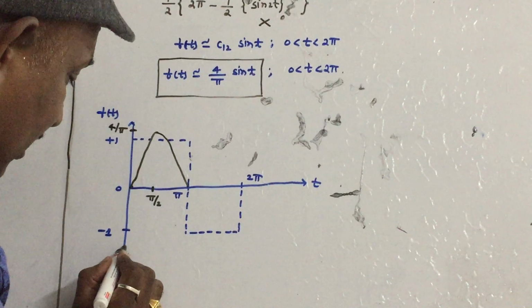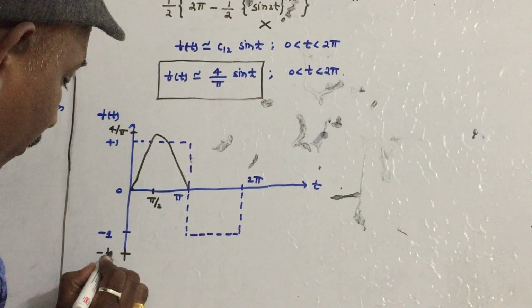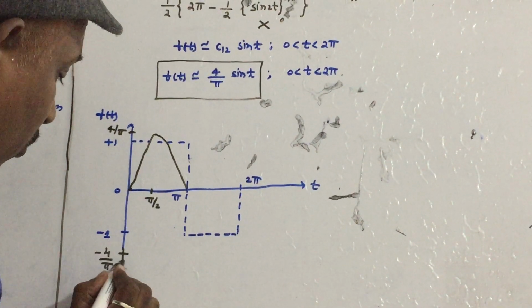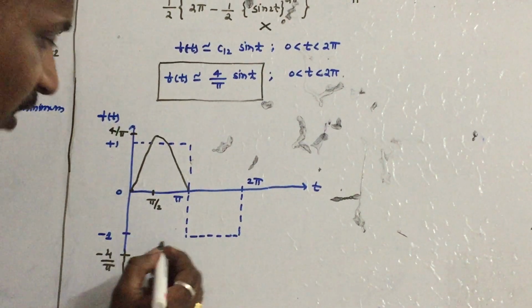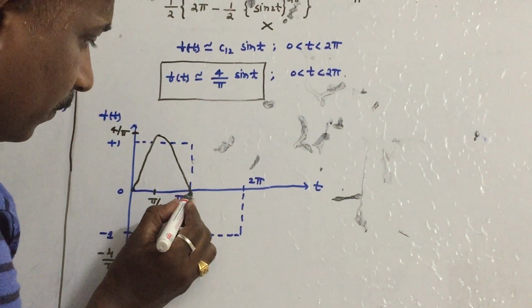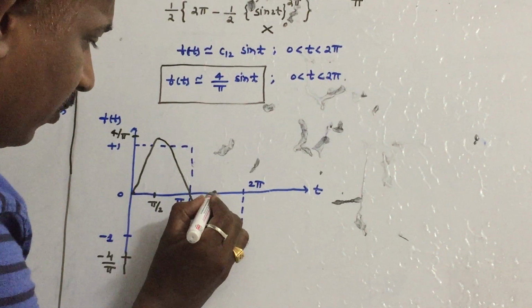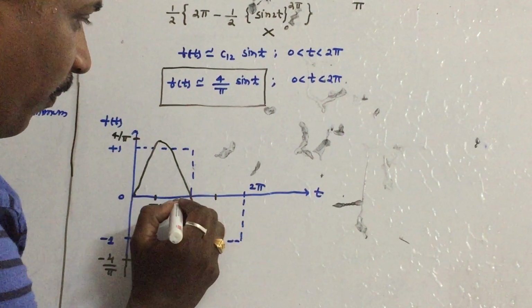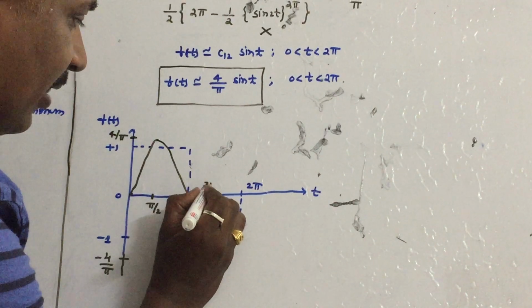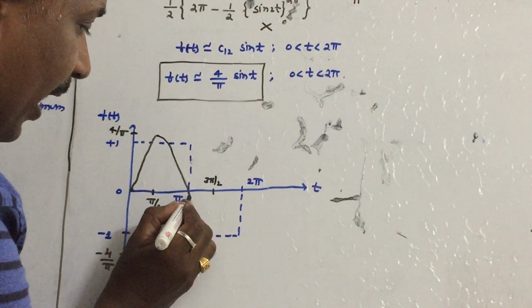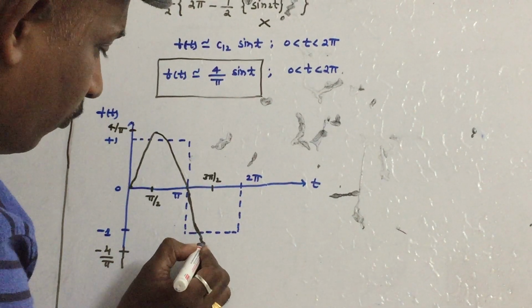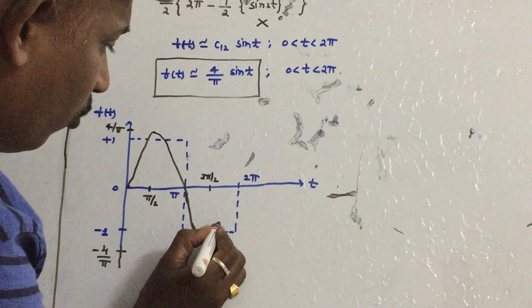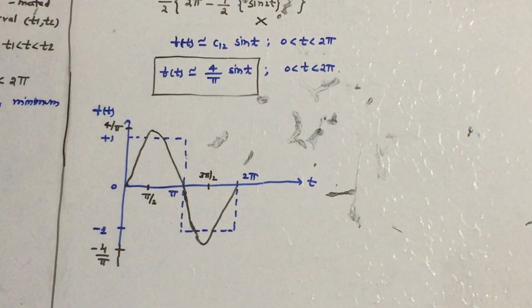Now let us take minus 4 by pi here. Minus 4 by 3.14 is less than minus 1. So at 3 pi by 2, sin 3 pi by 2 will become minus 4 by pi, and at 2 pi this is 0.